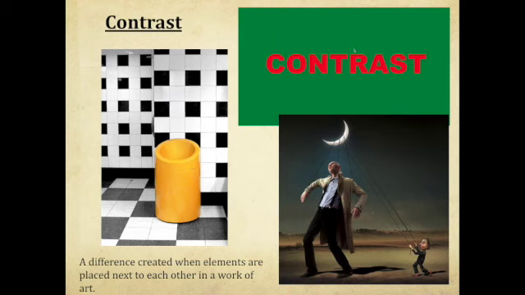Contrast. Contrast is one of my favorite principles to work with, because it's creating a large difference of elements when they're placed next to each other in a work of art. So if you look at this yellow, it's a yellow trash can in a bathroom, to give you a little context. When you look at that yellow trash can, it is yellow in an all black and white room.